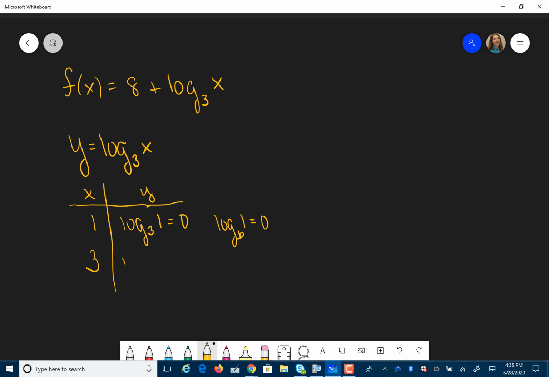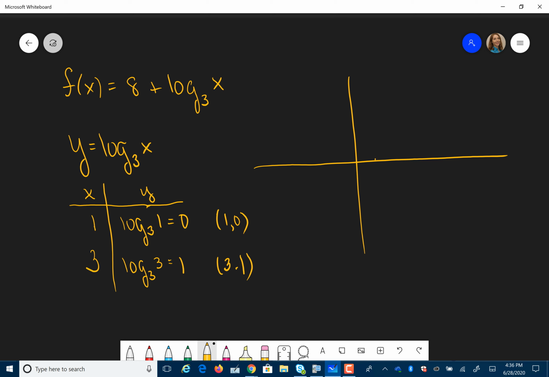And when x is 3, log base 3 of 3, that's 1. Again, that's one of our rules with log. So we're going to have the following 2 points: 1, 0, and 3, 1.